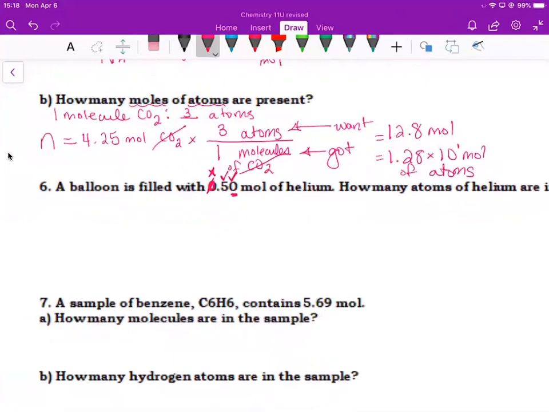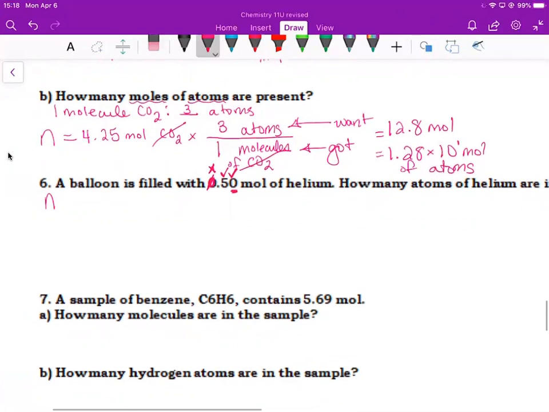Okay, so it's asking how many atoms of helium. We've been given the number of helium moles, 0.50 mole. My formula is going to be the number of helium atoms, so it's not diatomic. I'm going to take the number of moles and multiply it by Avogadro's constant.